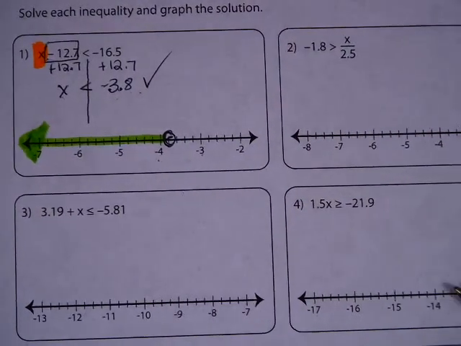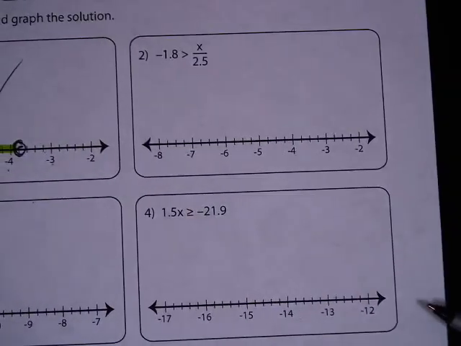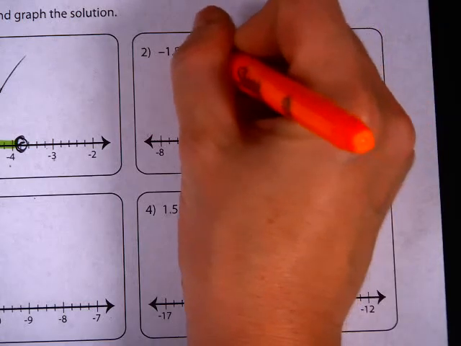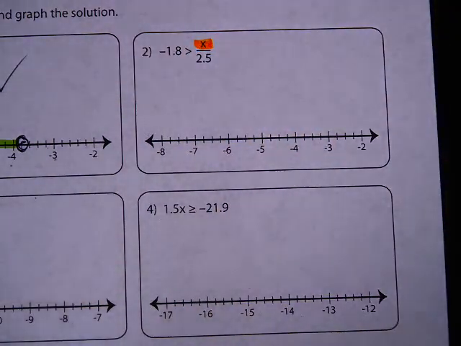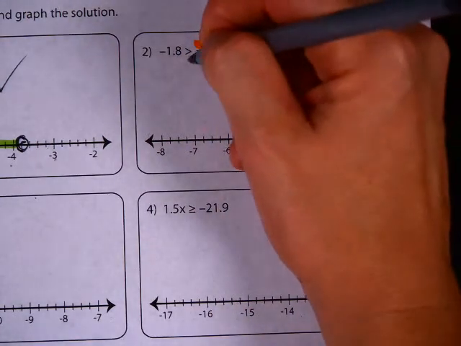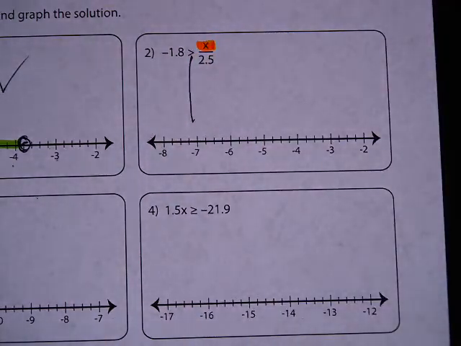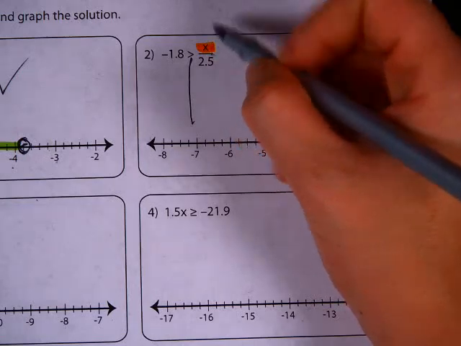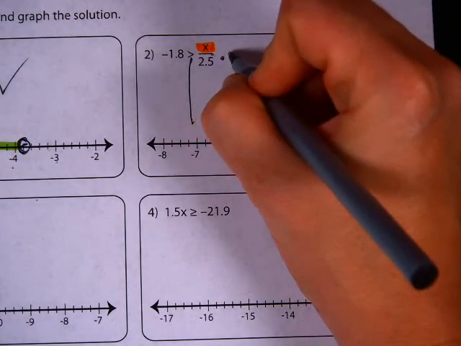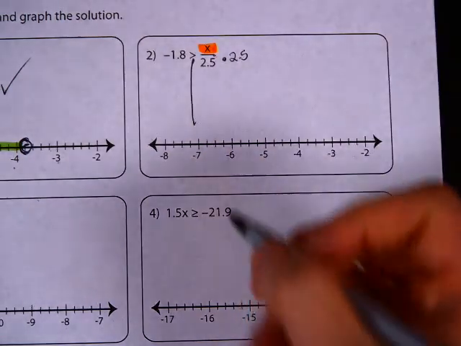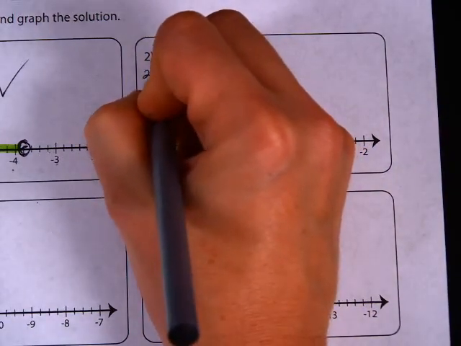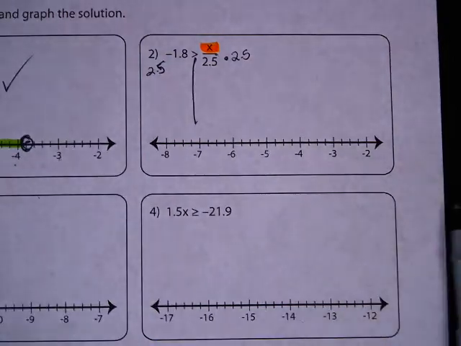Now, let's try this one. Again, variable by himself. We want him alone, or her alone. We want to draw our wall so we know things can't cross. So, it's attached by division. That is a division line. So, the opposite is multiplication. So, I'm going to multiply 2.5 on each side.